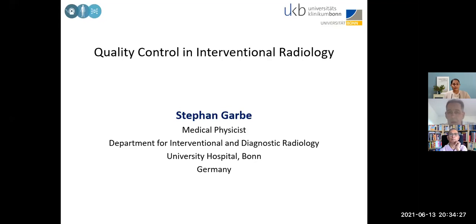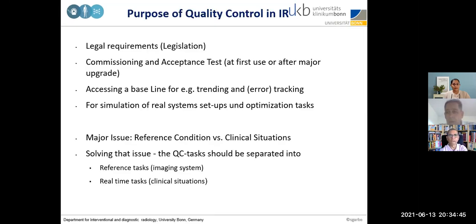As those who had listened to my talk about quality control in conventional radiology know, we now skip to an area where quality control has definitely a little bit different approach. Of course, the quality control in interventional radiology should follow all legal requirements.